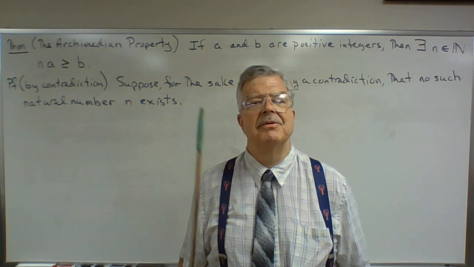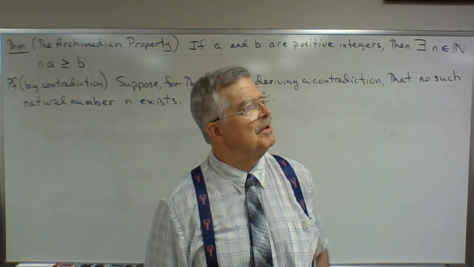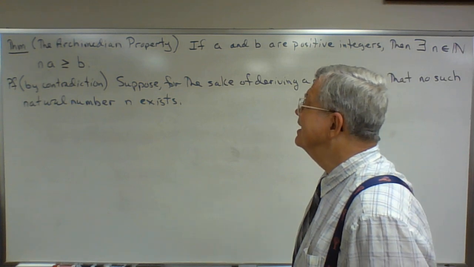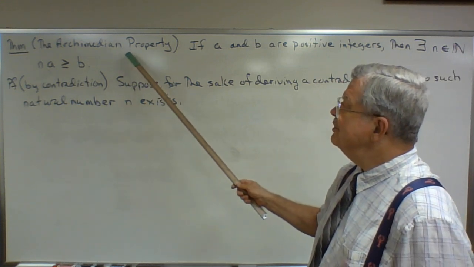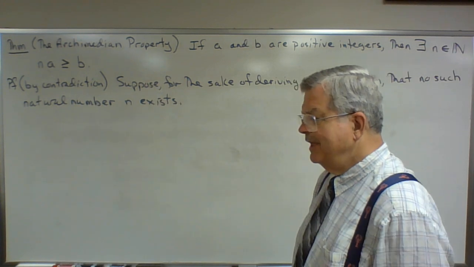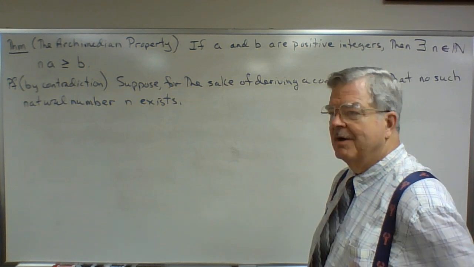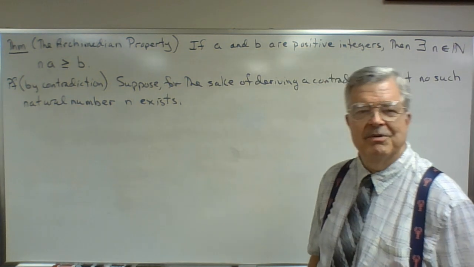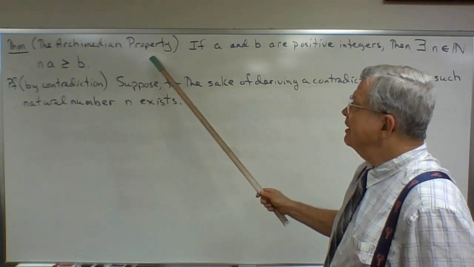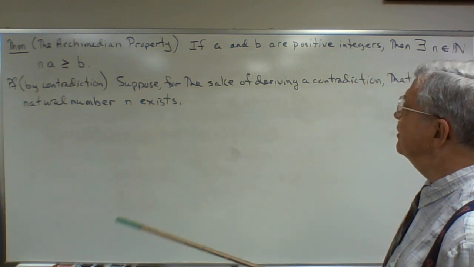You know, the opportunity to apply the well-ordering principle came a lot sooner than I anticipated. We're going to prove the Archimedean property. The analog of this, if we're talking about just real numbers in general, is sometimes referred to as the axiom of Archimedes. But here's the Archimedean property as far as integers are concerned.